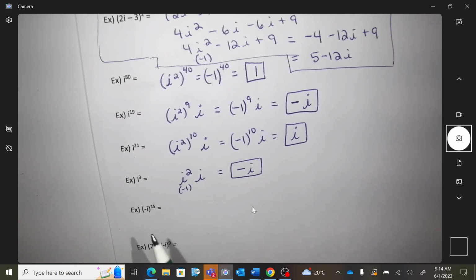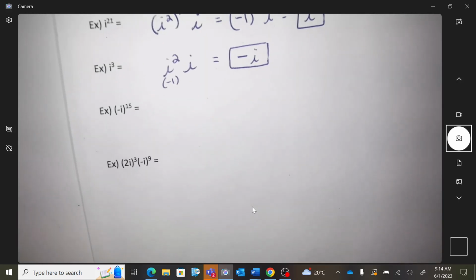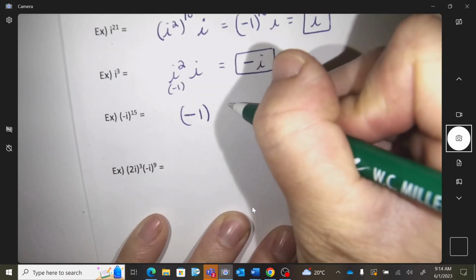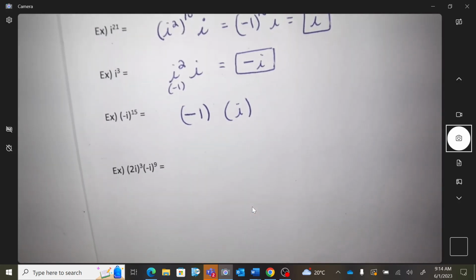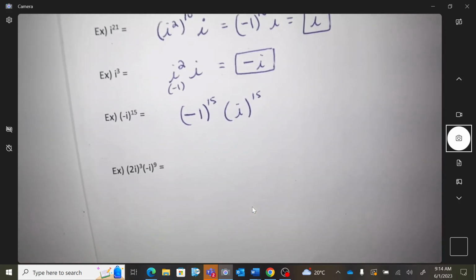Okay, so this one, we're going to treat it a little bit differently. There's a negative in there. So I want you to think about it like this: -1, and I want you to separate them. So I'm going to separate them like that. They both have a 15 on the top of them though.